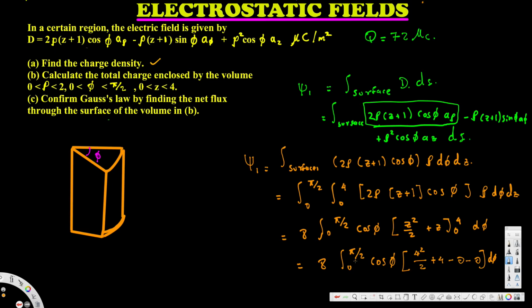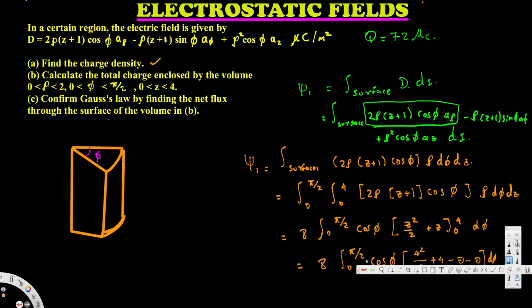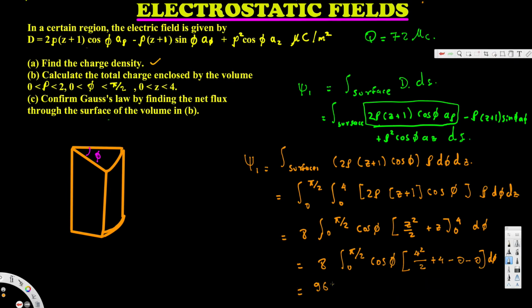Okay, and that's going to give us 96. So finally we will end up with 96 sin phi going from 0 to 5 by 2. So that's going to be 96 microcoulomb. Okay, so this is the charge we are going to have right now.